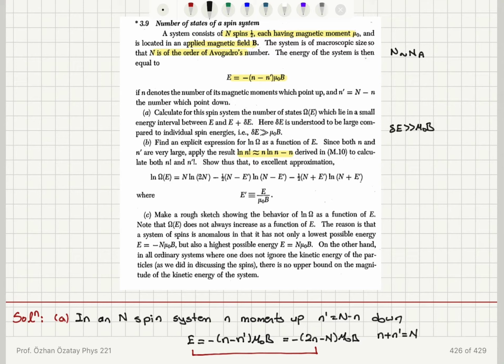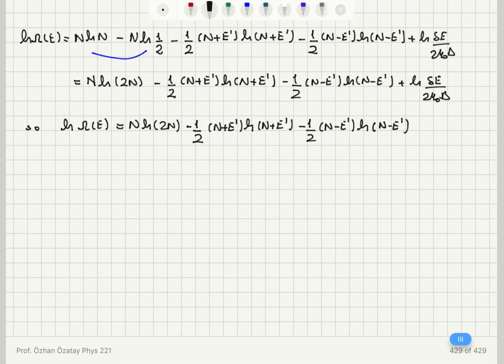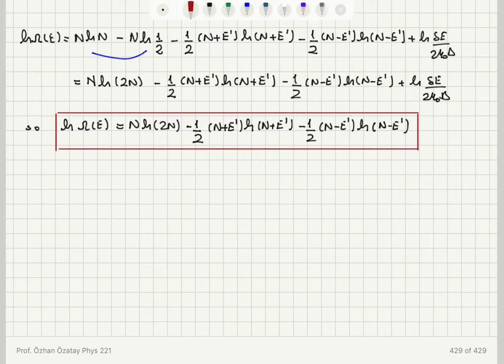So in this approximation we can basically neglect the last term because the last term will be small. So to an excellent approximation we can write this equation. So we have neglected this last term here because it's small.